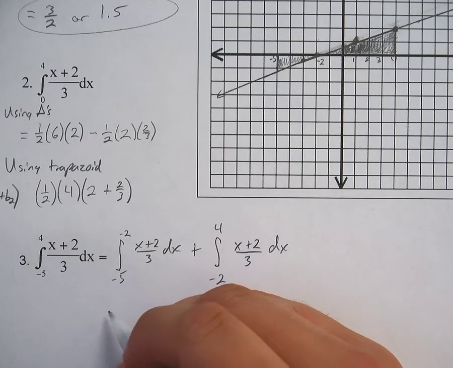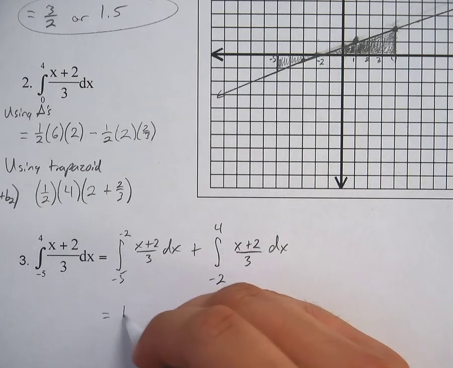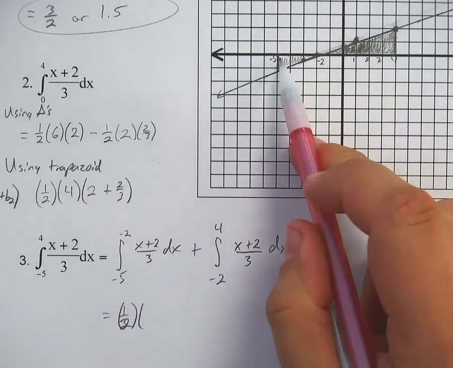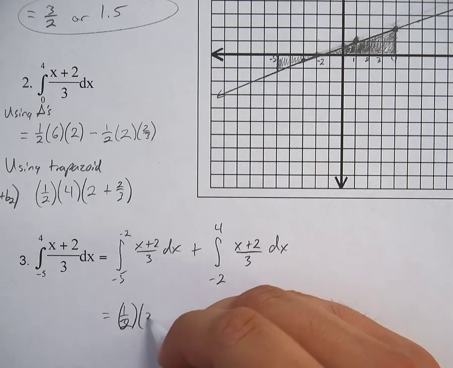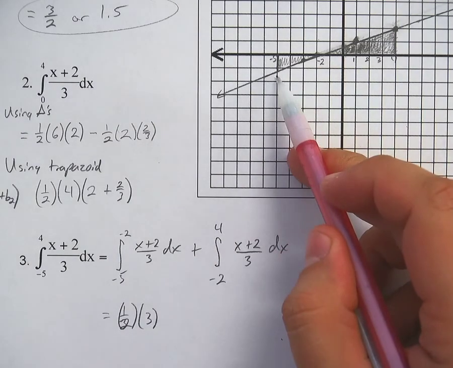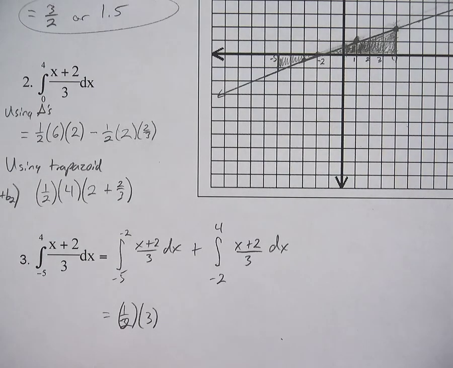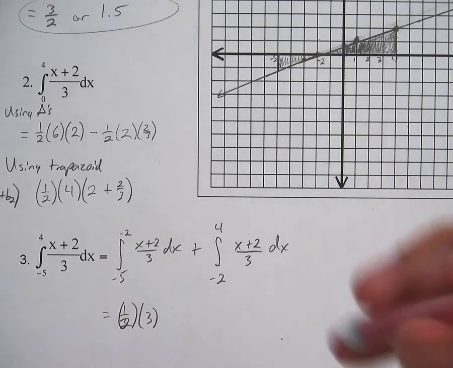All right, and then that's going to be, it's a triangle, so thank goodness for that. 1/2. Your base is 3 units. Your height looks like, what would that be here? 1 down -1. I really need to draw this better. This line's all kind of jacked up.